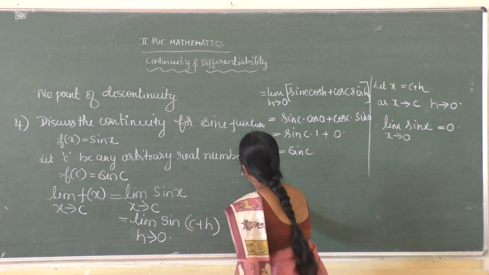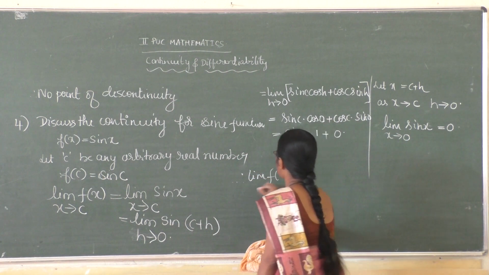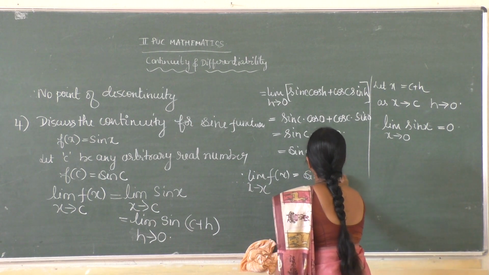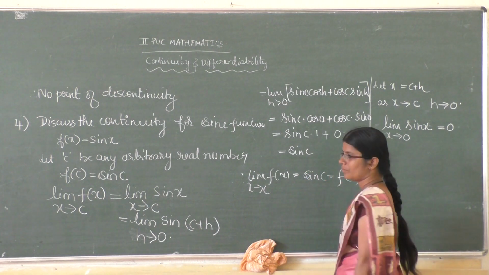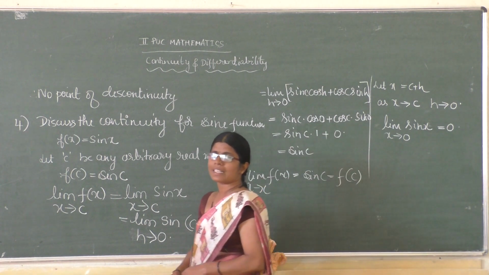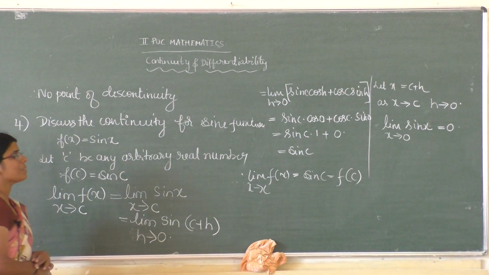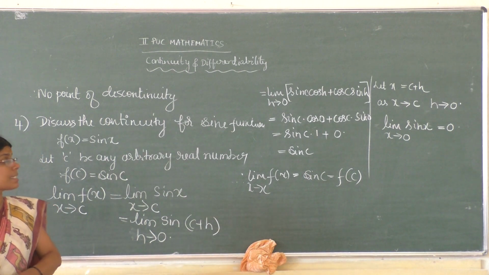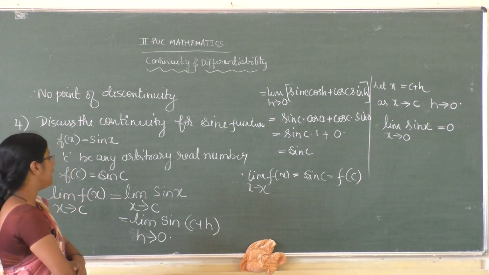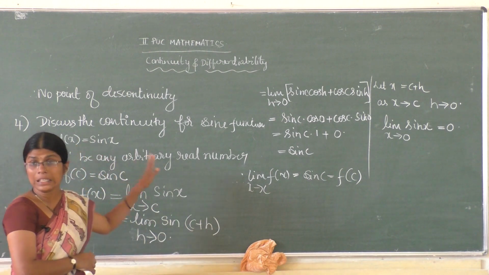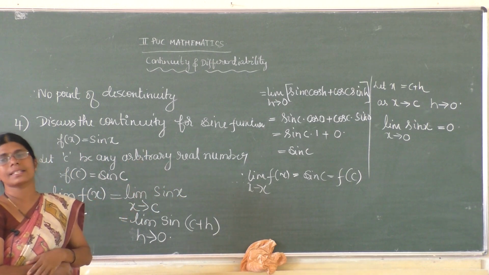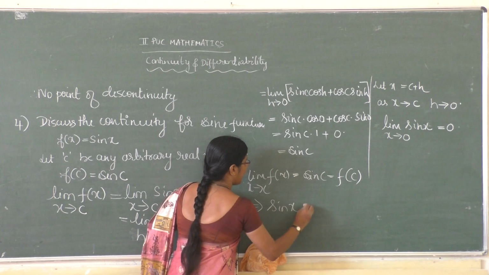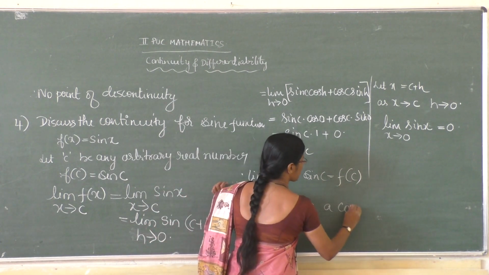Therefore, the limit of f of x as x tends to c is equal to sin c, which equals f of c. Therefore f of x is continuous for all real numbers. That means we conclude that sin x is a continuous function.